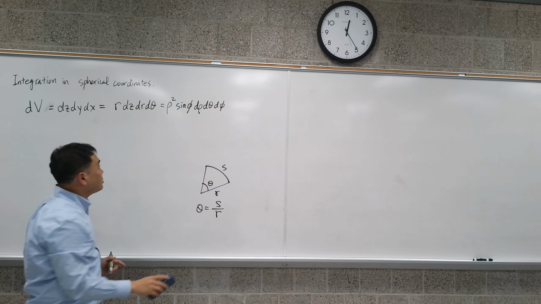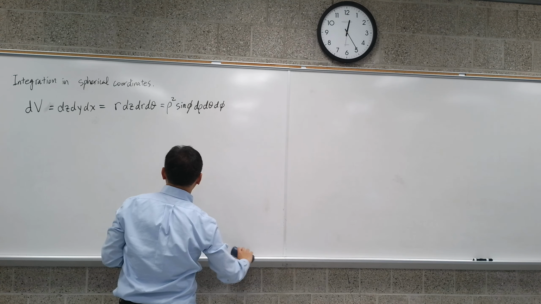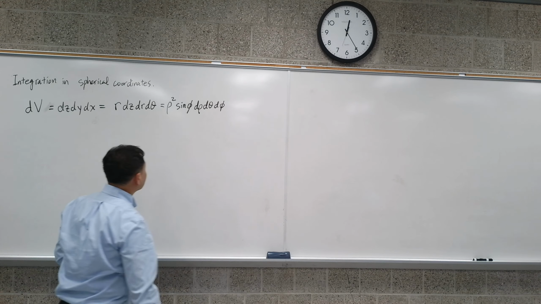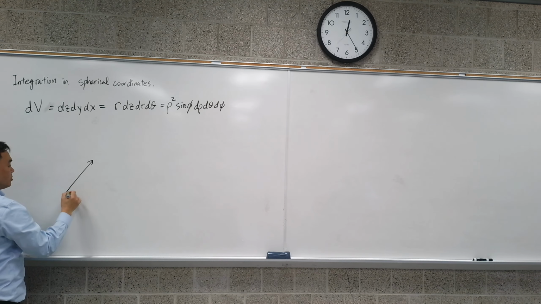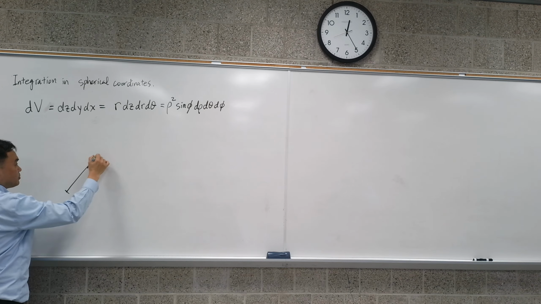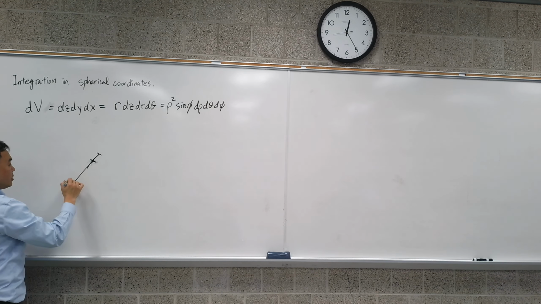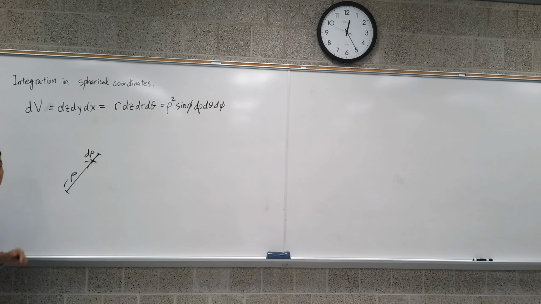Now you could argue this geometrically somehow. See, if this is the rho direction, then d rho will be the small increment there.